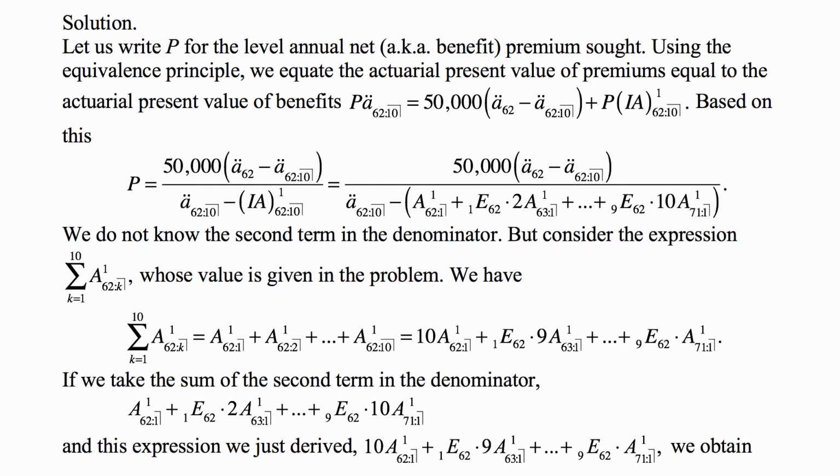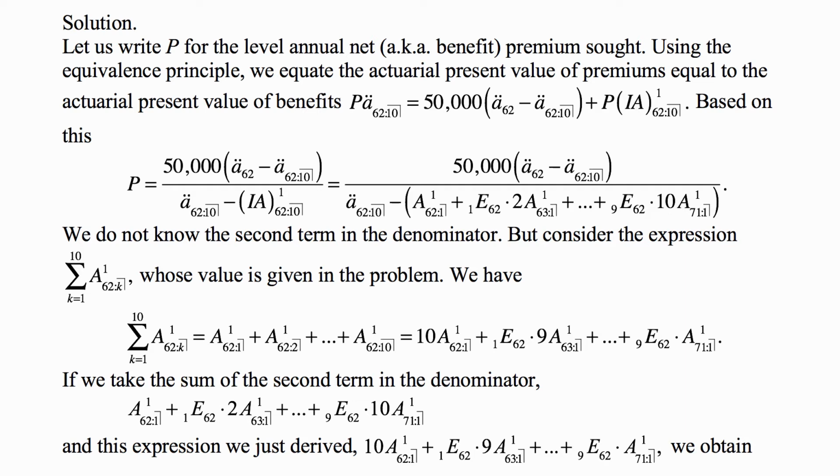And then we solve this for P, and P is equal to 50,000 times A double dot 62 minus A double dot 62 colon angle 10, divided by A double dot 62 colon angle 10 minus IA 62 colon angle 10 with a 1 above the 62.